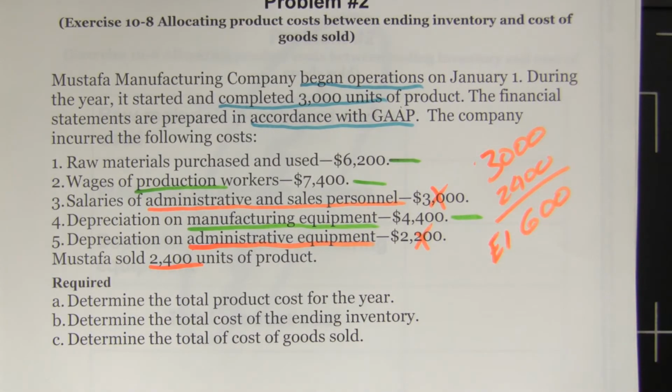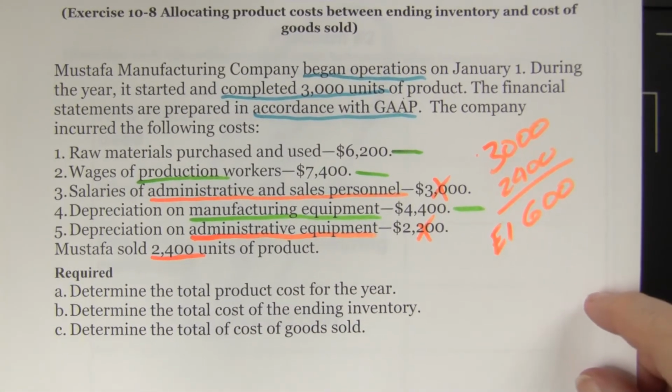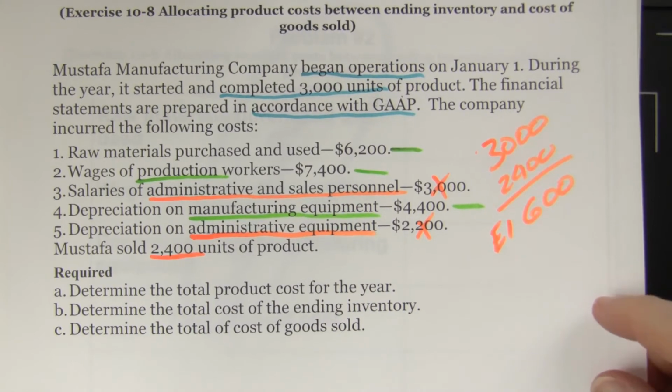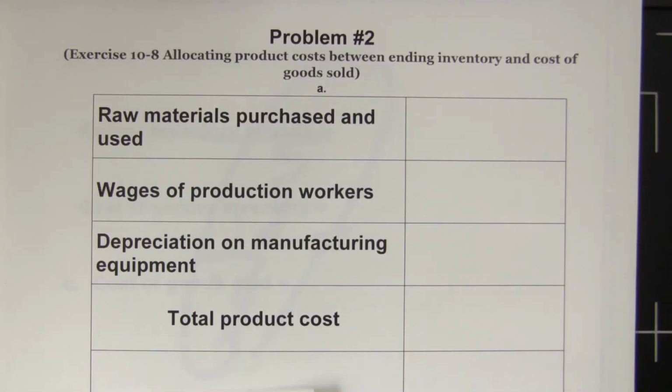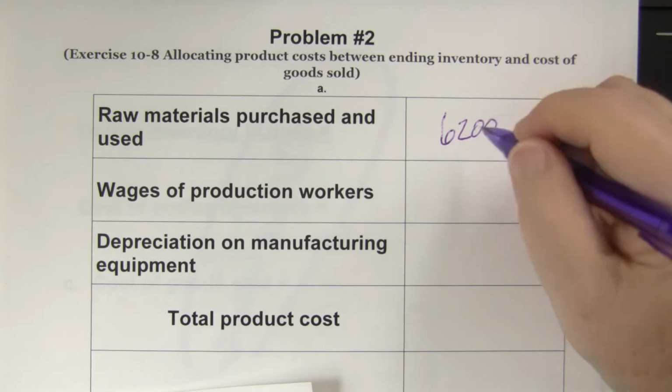And that's exactly like we did in financial accounting. So, requirement A, the total product cost for the year. In our world, add up the green numbers. Okay, raw materials purchased and used, 6,200.